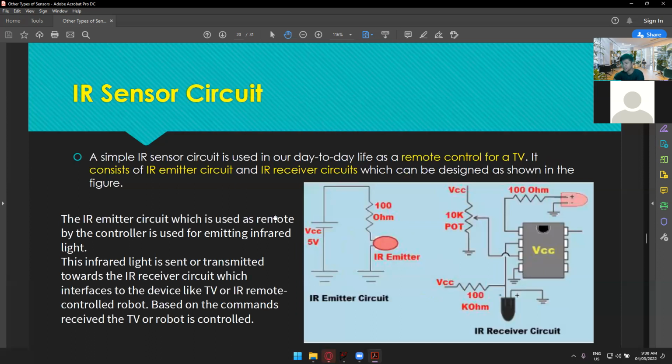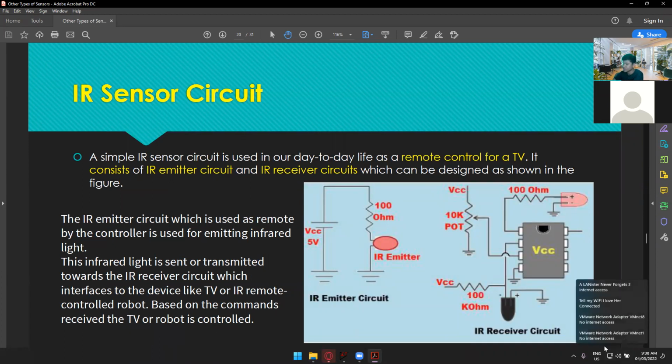Here is another IR sensor circuit that you can check. This one is mostly used for remote control, since it detects, for example, the infrared emitted by the red LED on a remote for the TV.